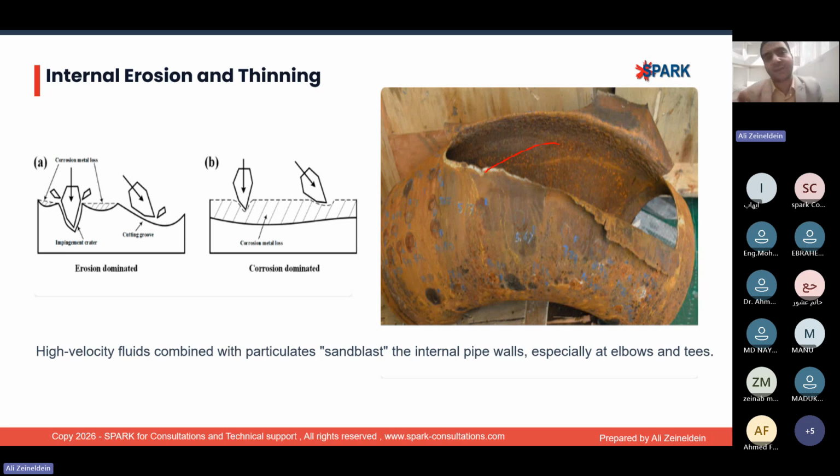Then corrosion starts, so corrosion may be in place, and this is considered one of the major threats. Finally, it will also affect the piping system, and may reach catastrophic failure or leakage, depending on the media and the hydrocarbon service.